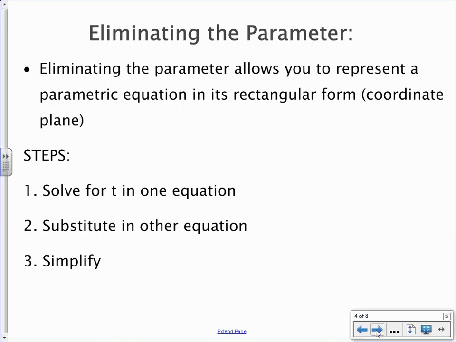Okay. And then we'll want to simplify because this may be an easier way to come up with our graph. Okay, instead of plugging in numbers for t over and over again, we can figure out what the rectangular equation is so that we can graph it and then put in the orientation.